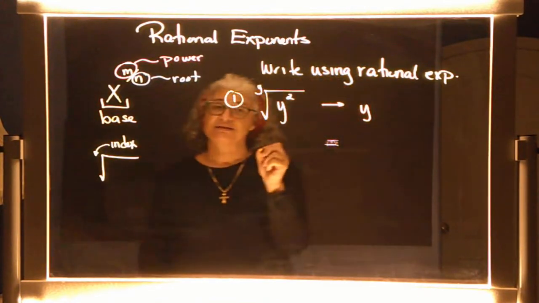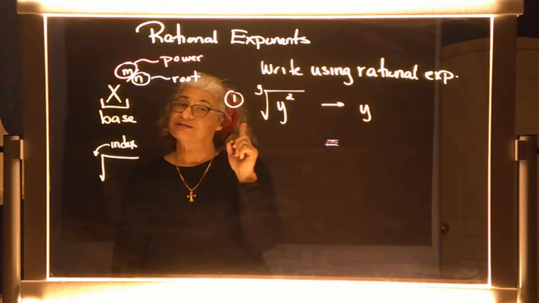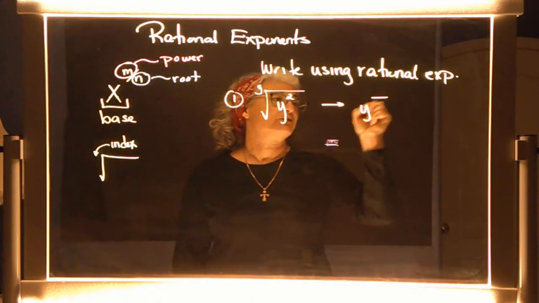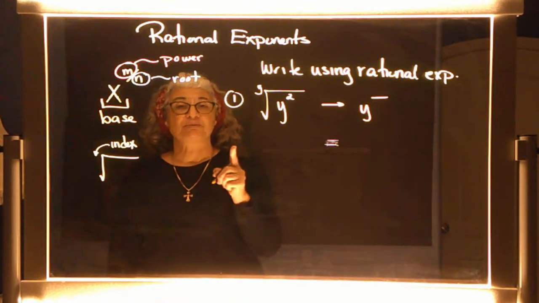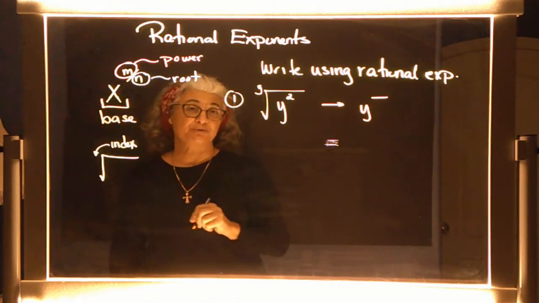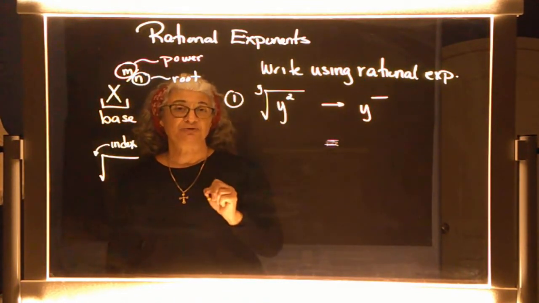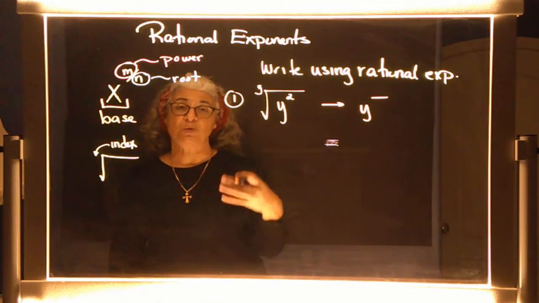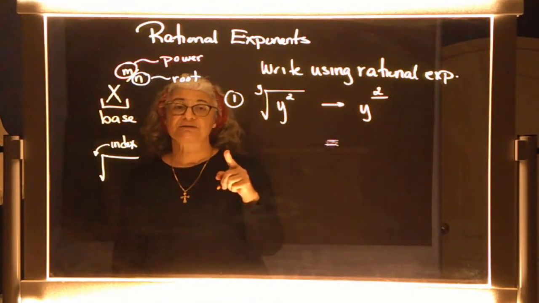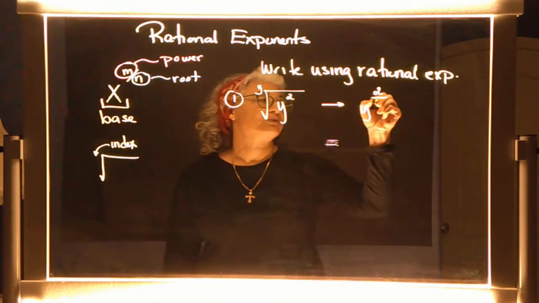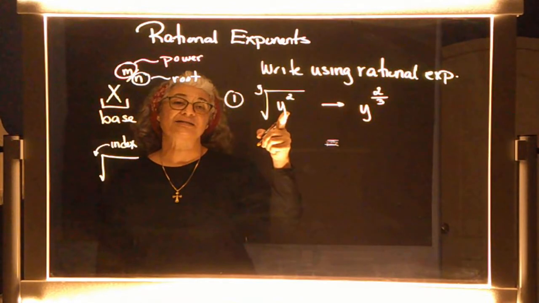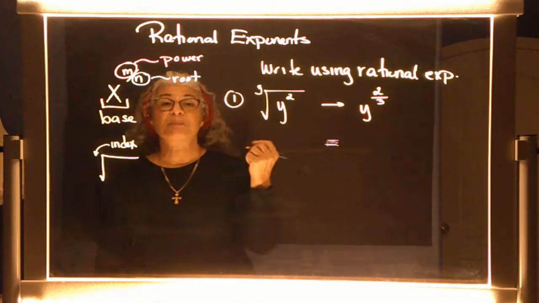And then the rational exponent means I'm writing a fraction, correct? Okay, so this y is going to have a fraction as an exponent. Now remember, the numerator of that fraction represents the power and the denominator represents the root. So in this particular case, what is the power on the y? Good, it's a 2, so that goes on the numerator. What is the root? It's a cubed root, so that's the 3 and it goes in the denominator. So another way to write the cubed root of y to the second is y to the 2/3 power.